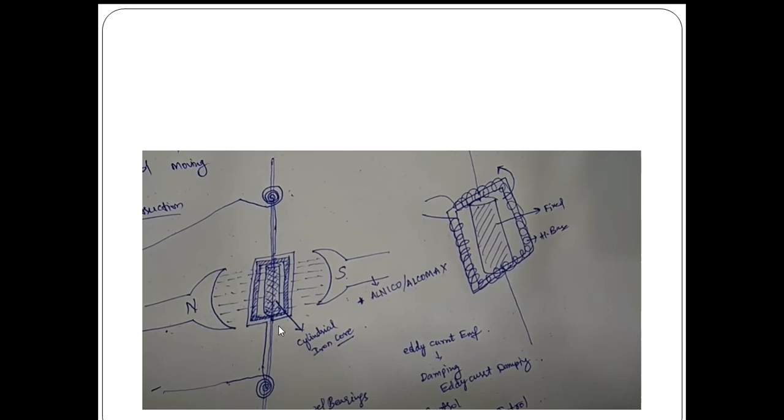Whenever the coil is carrying current and placed in a magnetic field, it will try to move. This part will try to move, and this part will go in the other direction. The coil moves, the spindle rotates, then the spring also moves, and the pointer will deflect on the scale. In this we are using the eddy current damping method and spring control method.